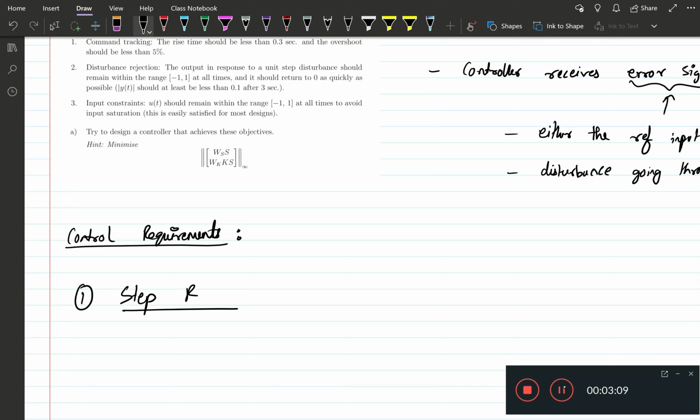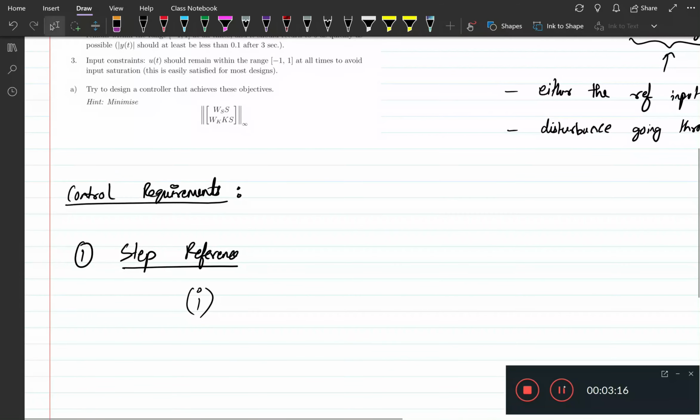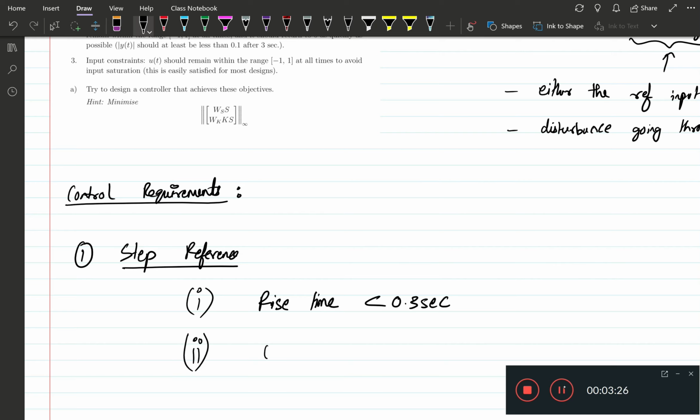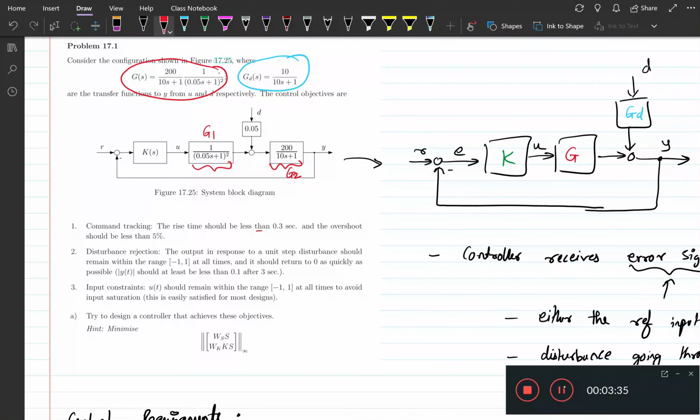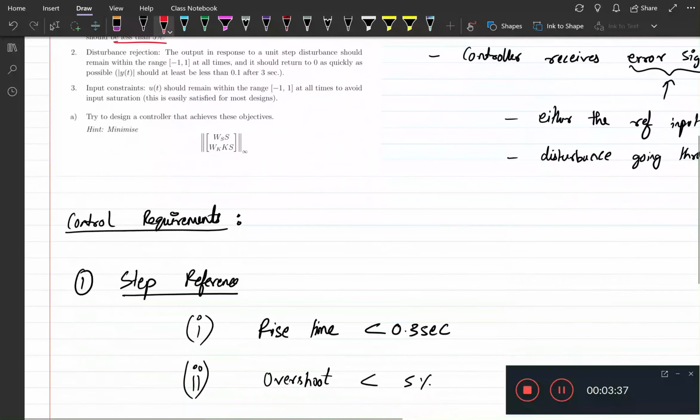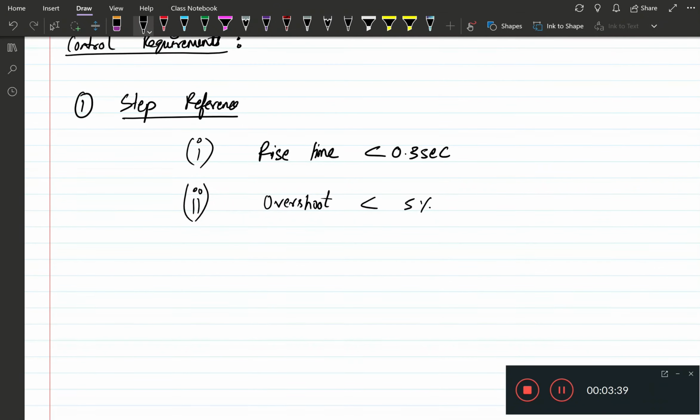So step at the reference, and the first requirement is that the rise time is less than 0.3 seconds, and the second requirement is that the overshoot has to be less than 5%. So that's this requirement here, the tracking goals.